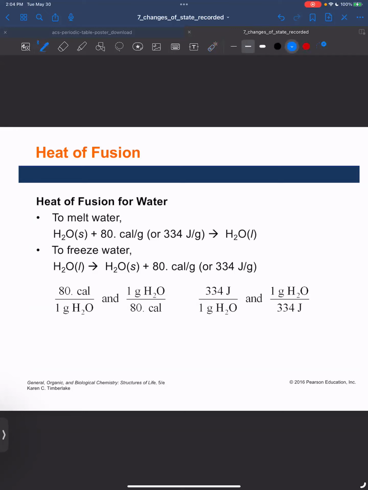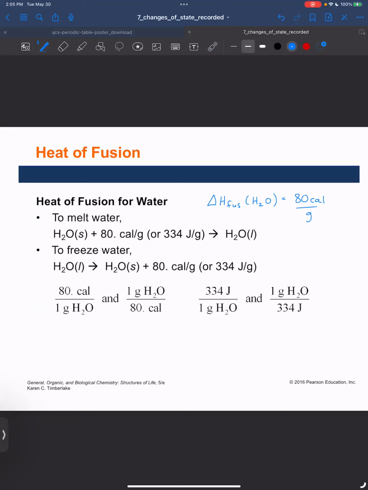And usually when you find it in a table, you will see enthalpy of fusion for water, because it's different for every substance, is equal to 80 calories per gram. And it's only going to give you a positive value.